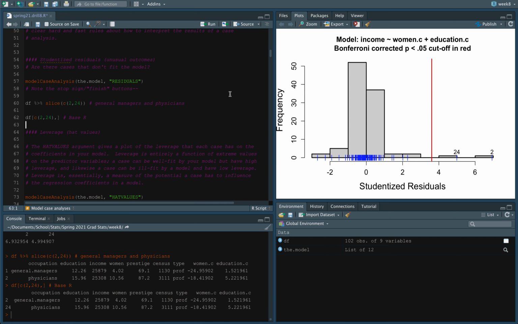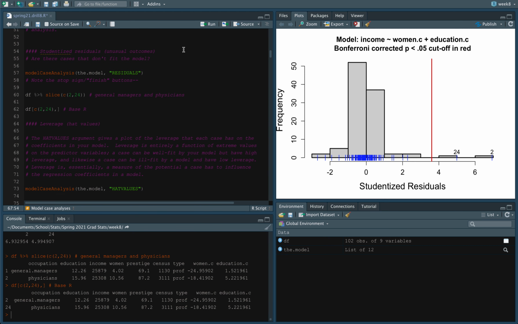You can have an unusual combination of predictors, but the error from its predicted outcome is still small enough that it can have a large hat value but still be well fit within the model. So it could still be one of these down here, even if it does have high leverage. Or you can have something that doesn't fit well in the model, but has low leverage.